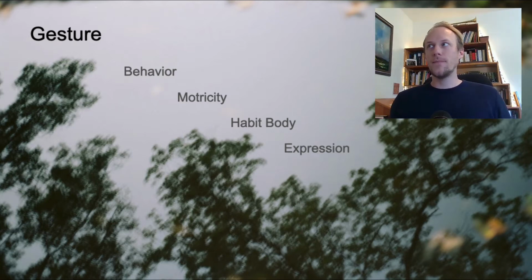That idea of behavior is what Merleau-Ponty means by motricity. This is a really important term in the Phenomenology of Perception. We don't really have this word motricity in English, but it's a French word, and I think it's pretty intuitive as to what it means. It's basically our ability to get around in the world, our motor capacity to interact with the world and skillfully navigate different situations with our body.